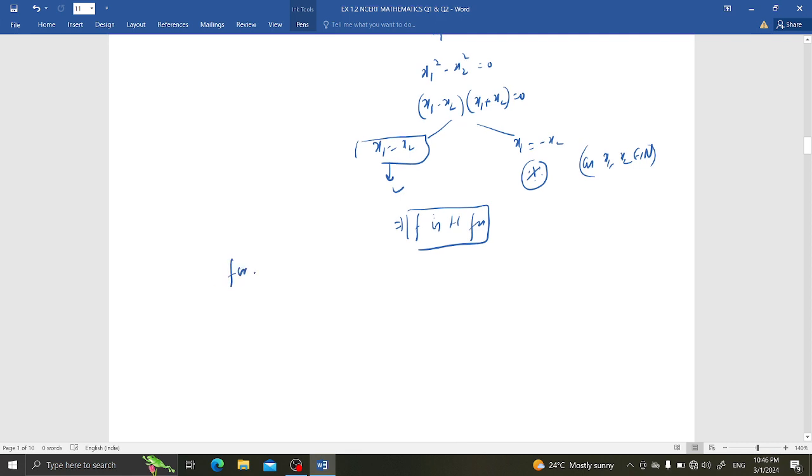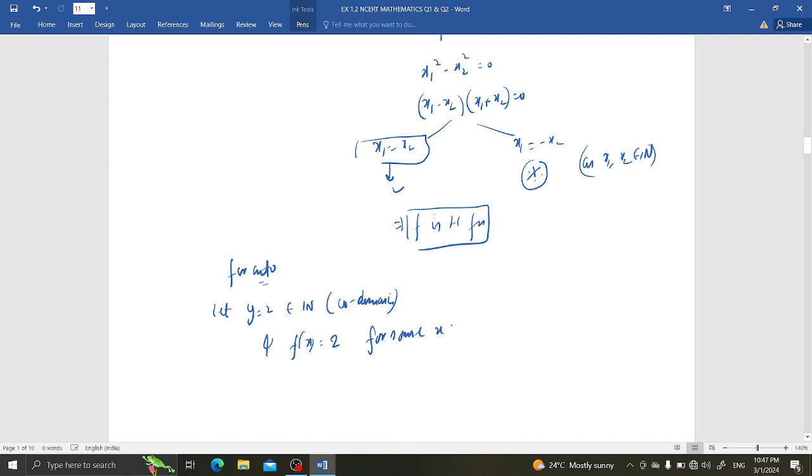For onto, let y equal to 2. We can choose y equal to 2, which belongs to the set of natural numbers, that is the codomain. Now assume that f of x equals 2 for some x.